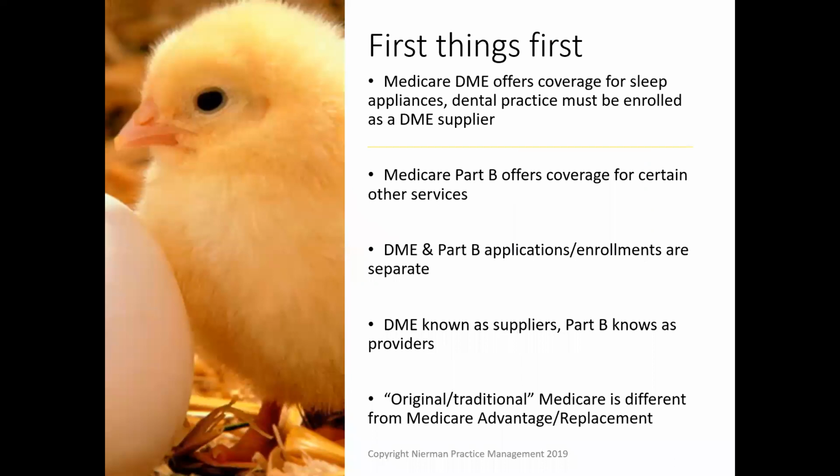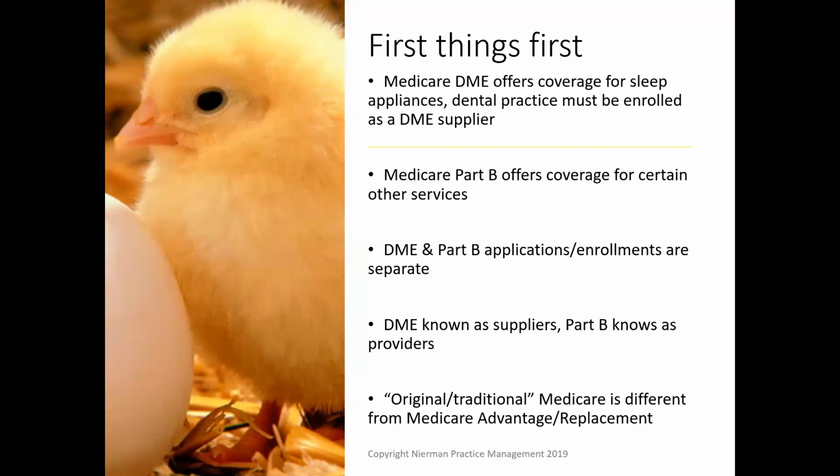All righty. First things first, Medicare DME, DME stands for Durable Medical Equipment, offers coverage for sleep appliances. Keep in mind that the dental practice must be enrolled as a DME supplier in order to bill Medicare. Keep in mind too, Medicare Part B offers coverage for certain other services. Medicare typically doesn't pay for TMD or bone grafts or implants.